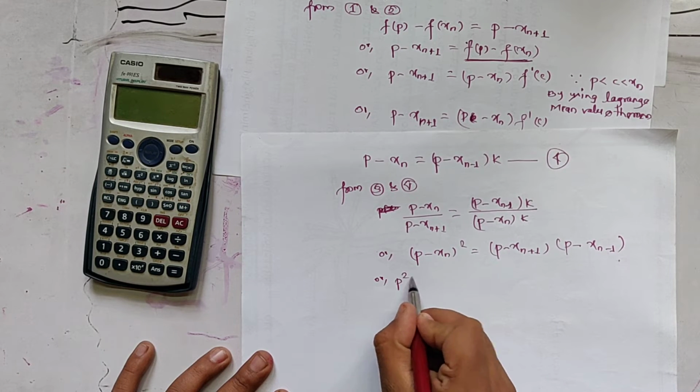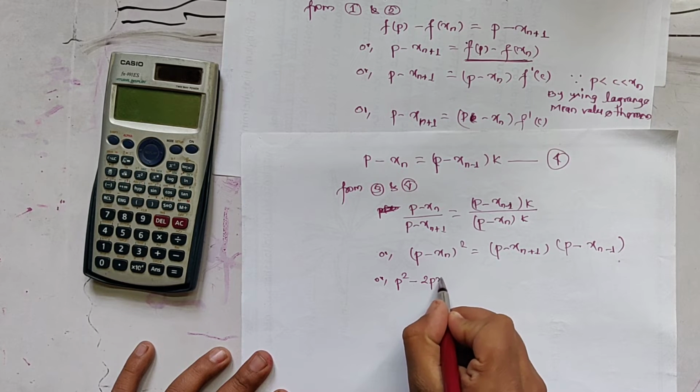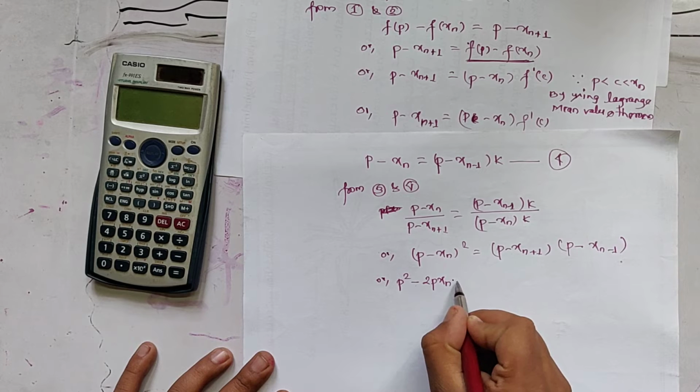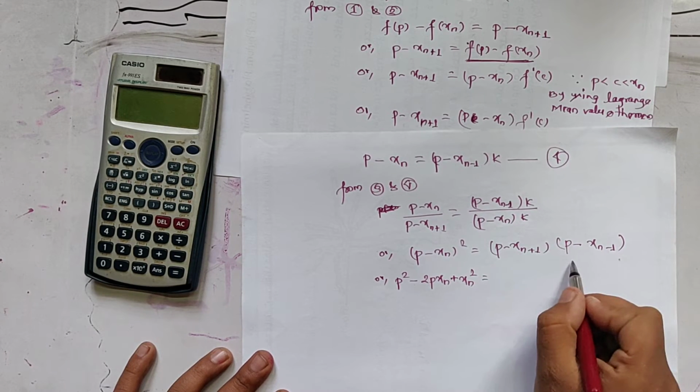So (a minus b) whole square equals a square minus 2ab plus b square, and we multiply it.